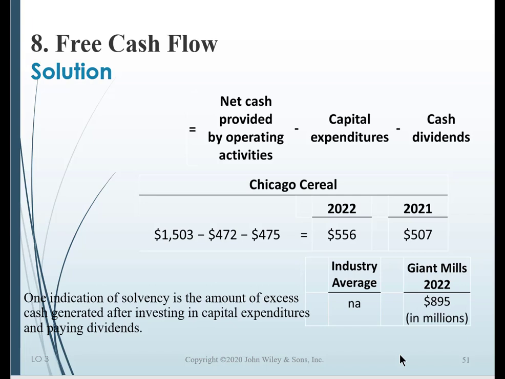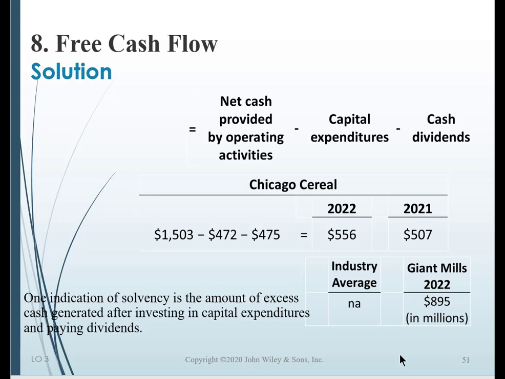Next. So here we have our free cash flow number. So cash provided by operating activities, less capital expenditures and cash dividends. Now this is sort of an exception, if you will, to the idea that we should be having a division here.